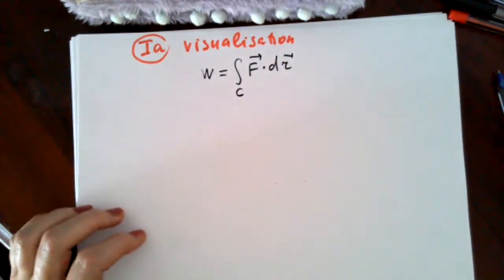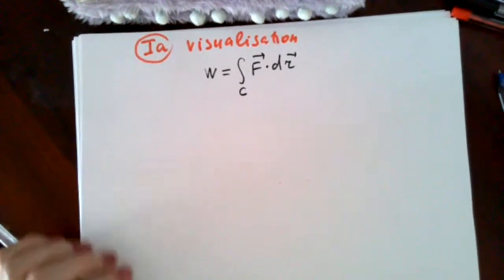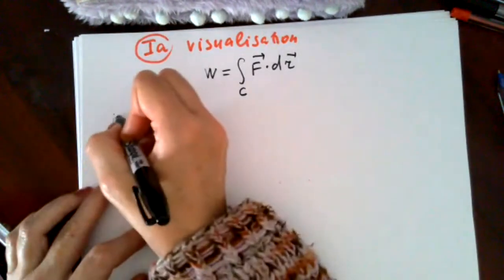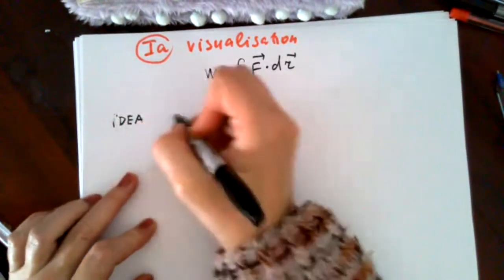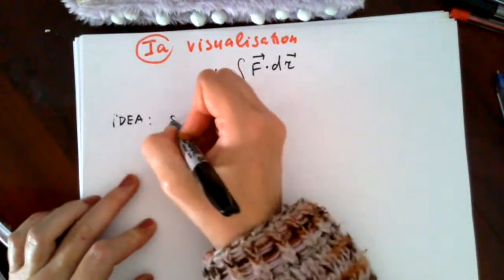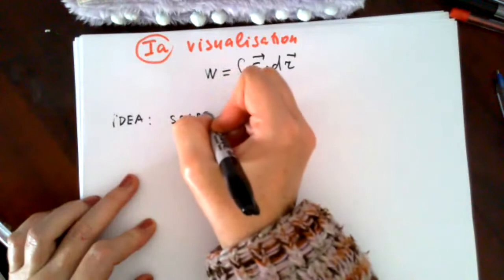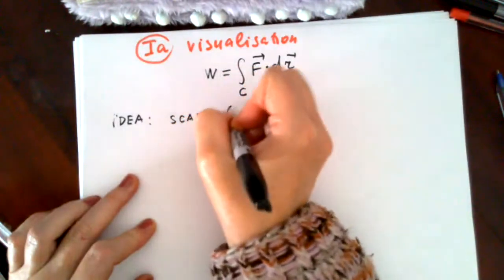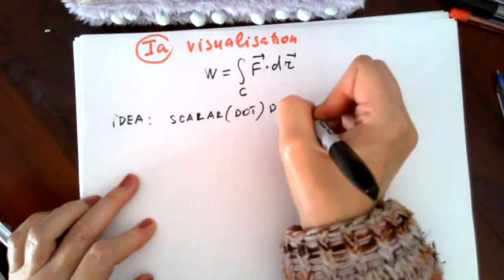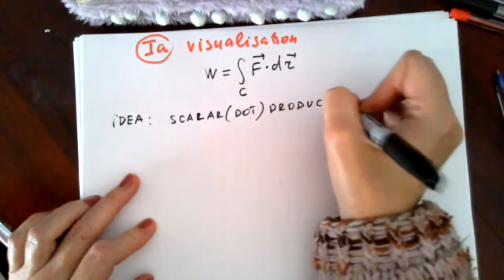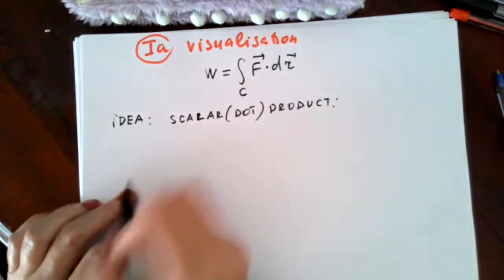So what is the main idea behind this visualization approach? The main idea is that you need to recall what is the scalar or dot product of two vectors. Let's have a closer look at this expression.